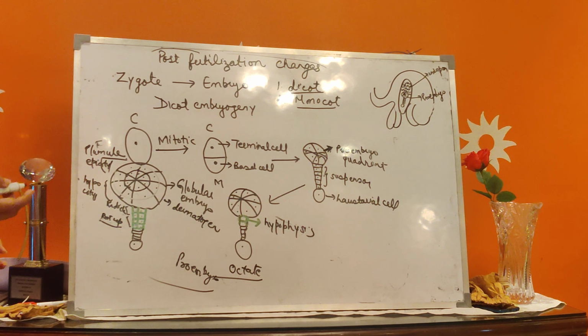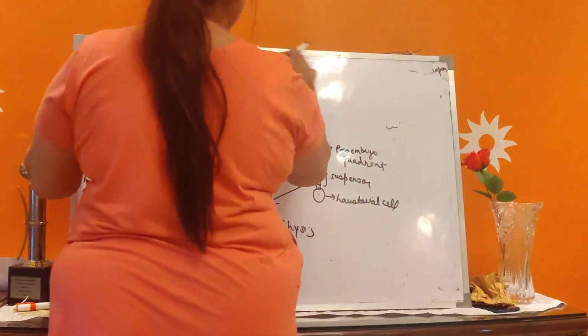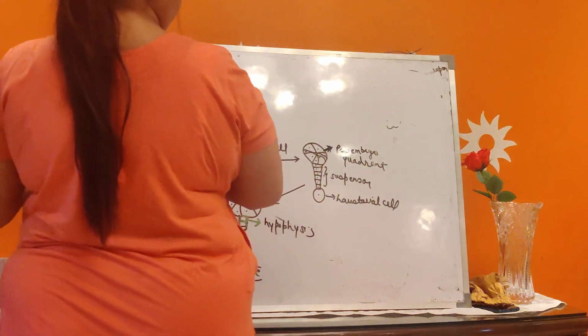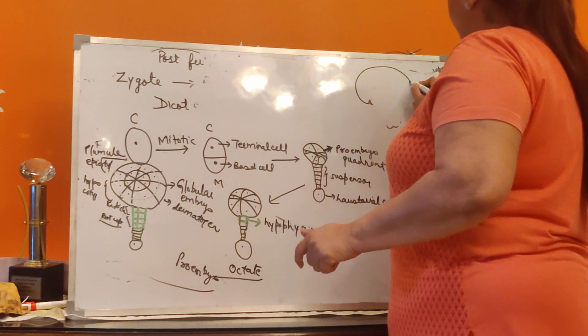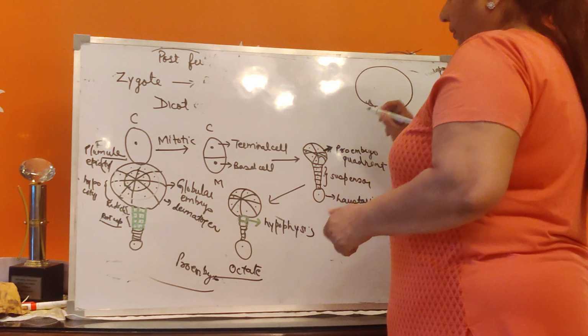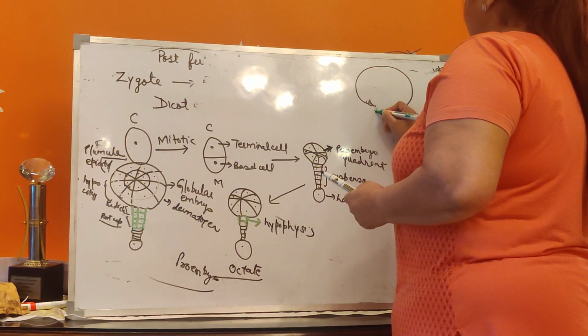Now let's see how this formation takes place. This is globular embryo. This is hypophysis.